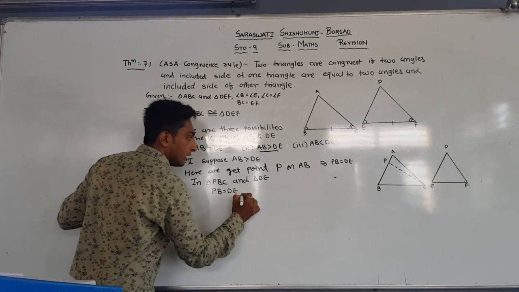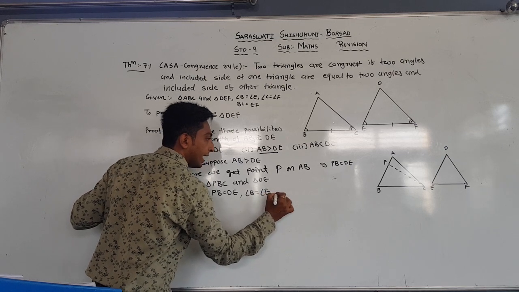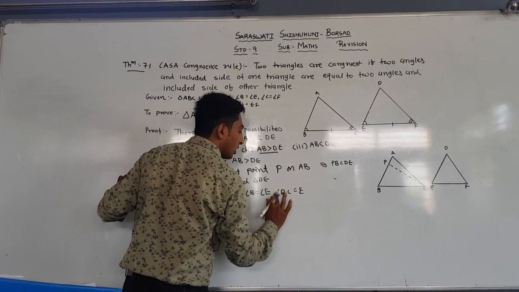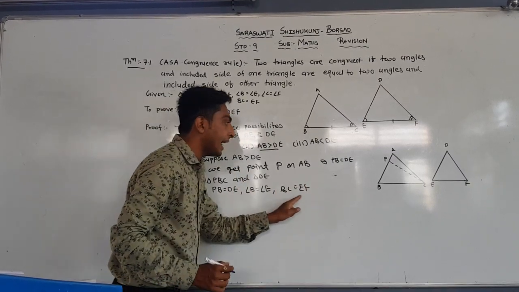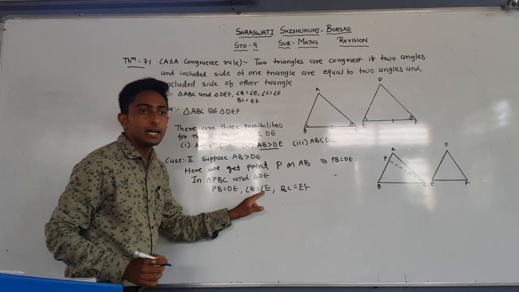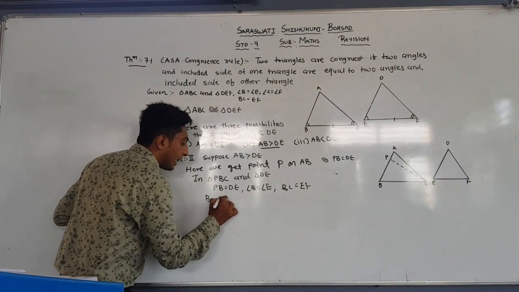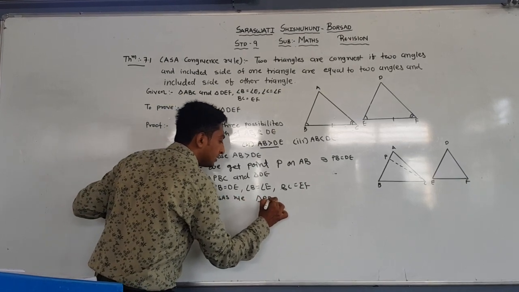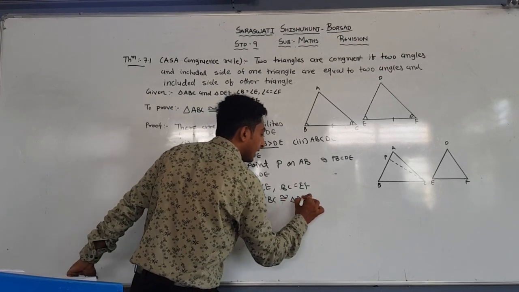The angle B equal to angle E. This is already given, and the third one is BC equal to EF. This is also given. So by SAS rule, side angle side rule, we can say that triangle PBC is congruent to triangle DEF.